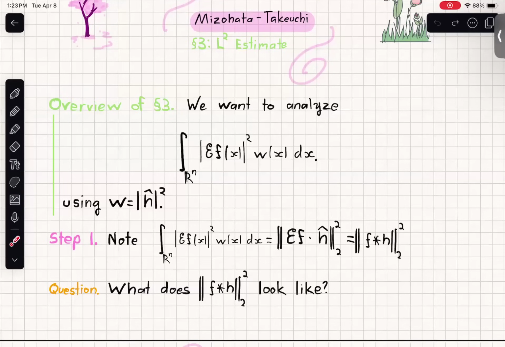In general, dealing with convolutions can make things on the Fourier side a bit more complicated, but I think that we can deal with it. So that's basically all I've done so far. We're looking at the L2 norm of this convolution. And then we just want to look at what does this L2 norm look like.